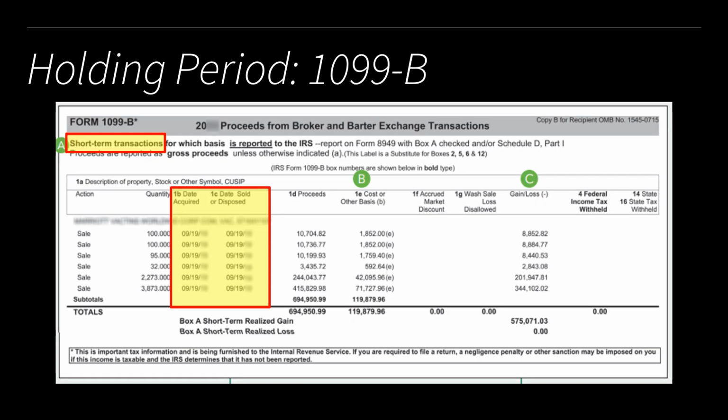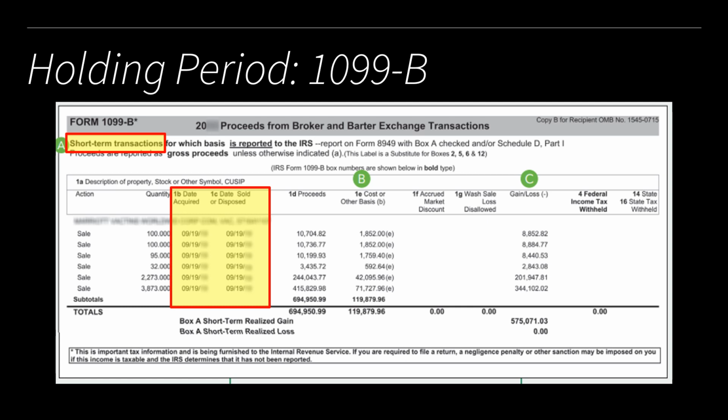Looking again at the 1099-B, the one that's included on the consolidated 1099s, you can see up at the top that it says this particular table is for short-term transactions. And you'll notice that there's a column for the date acquired and the date disposed.